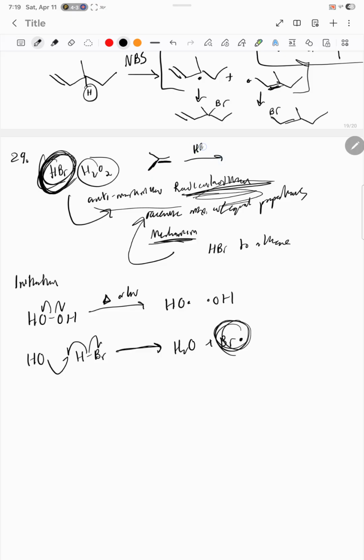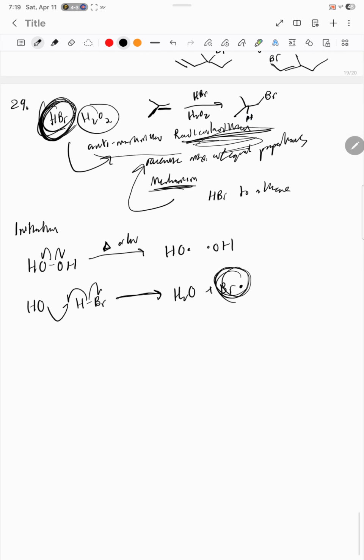If you had HBr and H2O2, what would the product look like? Anti-Markovnikov, so Br will end up on the less substituted carbon, and H on the more substituted. That's one. So back to our mechanism.